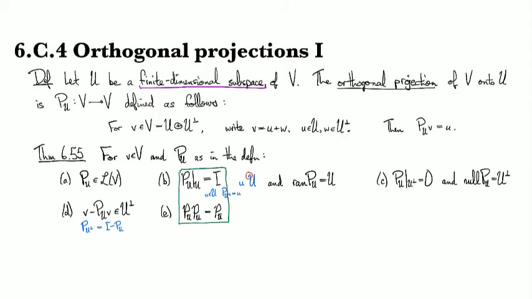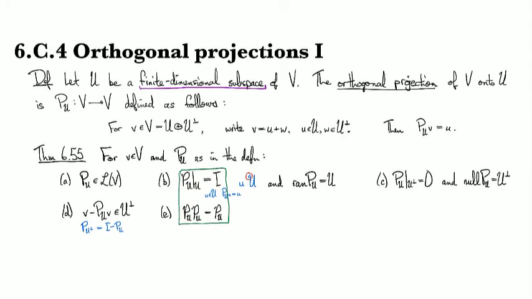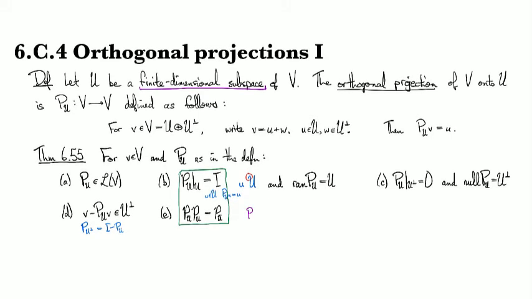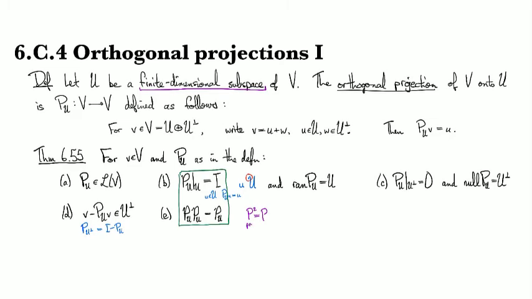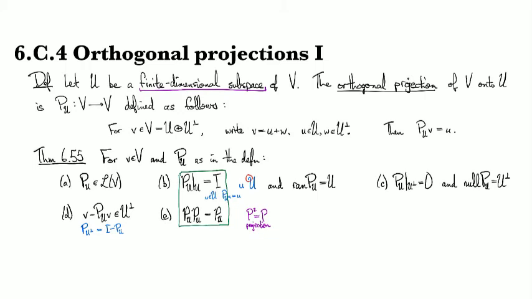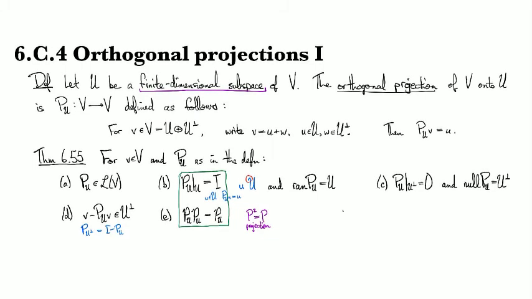It's just like having applied it once. And by the way, this is the hallmark of a projection. Anything that has the property that when you square it, you get the original thing, that's what makes it a projection. This came up in the homework problems a couple of times in 306.